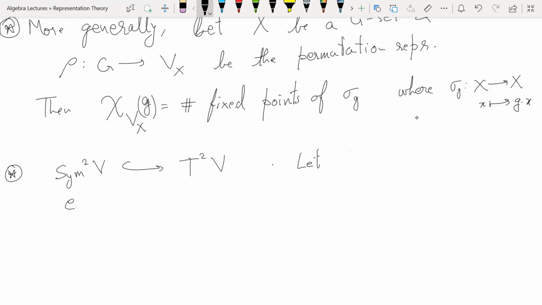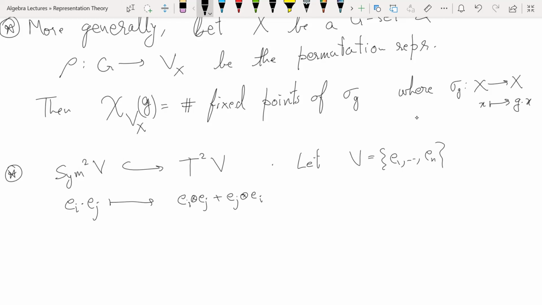Let V have basis E1 to En. Then here the basis is Ei dot Ej, and the inclusion map which we sent was something like Ei dot Ej going to Ei tensor Ej plus Ej tensor Ei. This is how we define this map.